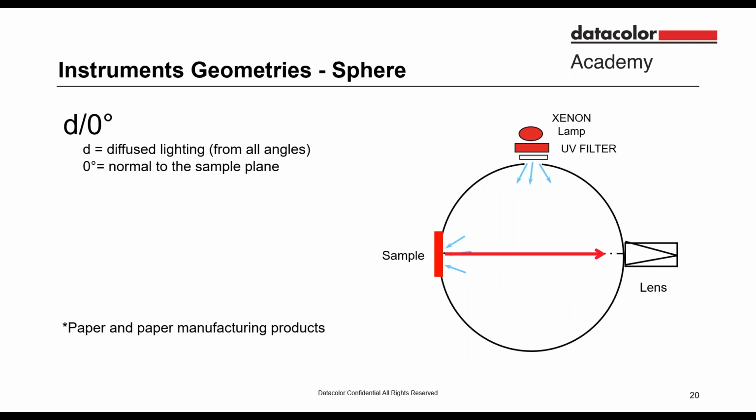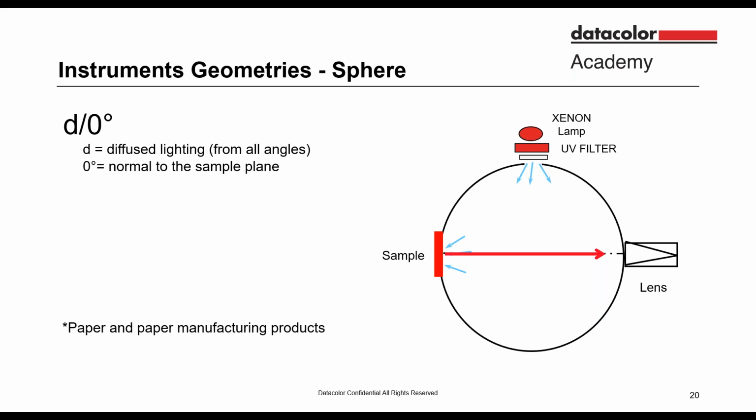We have another geometry called D0, or diffuse 0 degrees. Same principles. There is diffuse lighting at different angles hitting the sample, but in this case the lens or the detection happens at 0 degrees of the sample.